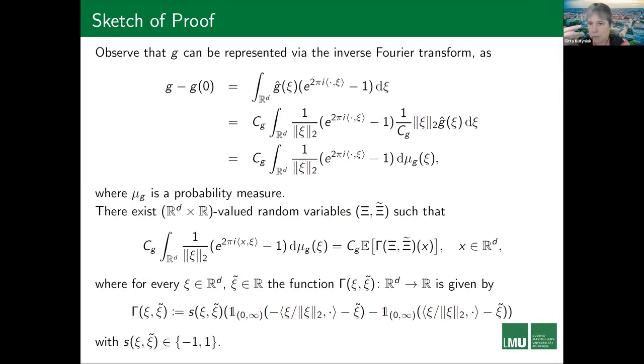So then comes this random sampling idea. One can show that this expression which we have here can be written in this way. So you see the exact value for a certain function applied to random variables. And this function, which you see here, has this shape. What you observe is that this is either -1 or 1.